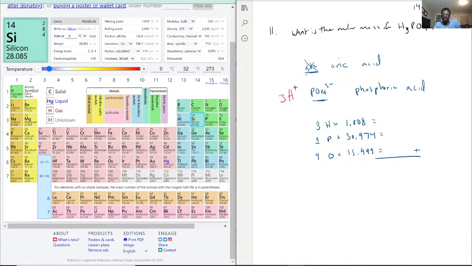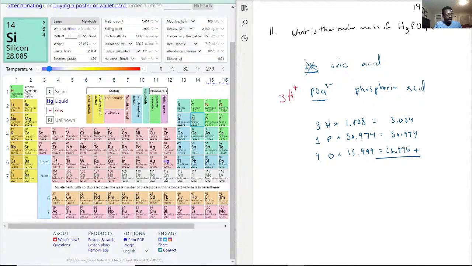Okay, so 1.008 times 3 is 3.024, I believe. Yep, and then we still have the 30.974, and we have 15.999 times 4. So that's 63.996.